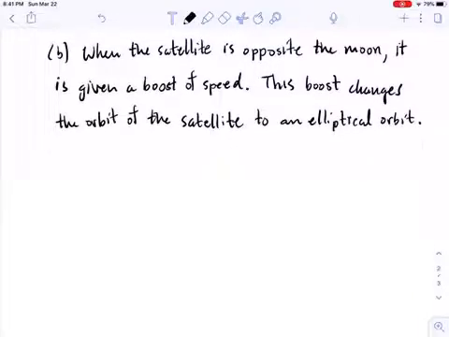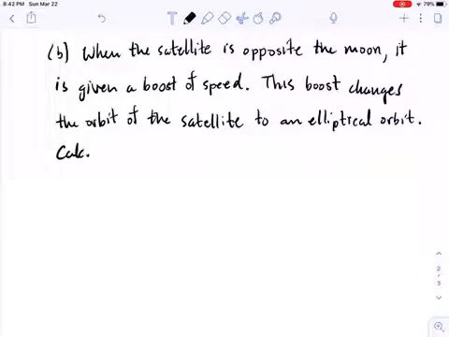And what we're going to try to do is calculate what that boost needs to be so that when the satellite is furthest from the Earth, it is the Earth-Moon distance away from Earth's center.